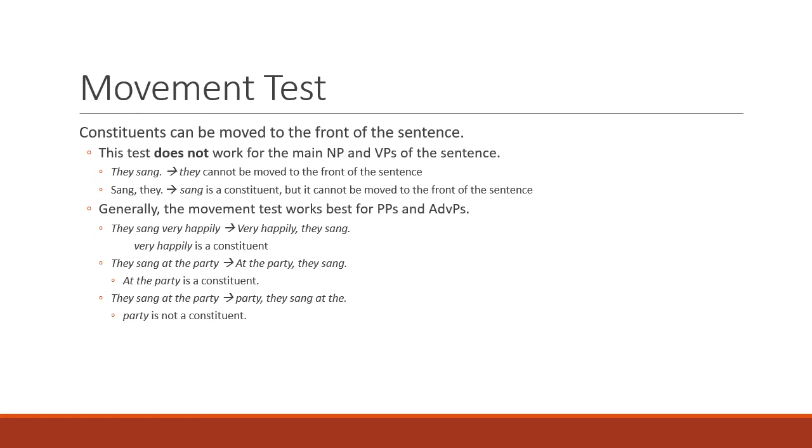You can pick up the prepositional phrase "at the party" and put it at the beginning. "At the party they sing." And let's see, "party they sing at the." So that doesn't work because you can't just pick up the noun and put it at the beginning of the sentence. You'd have to pick up more to be able to have it be a grammatical and correct sentence.